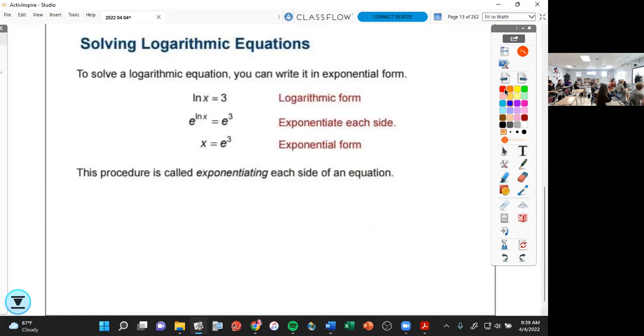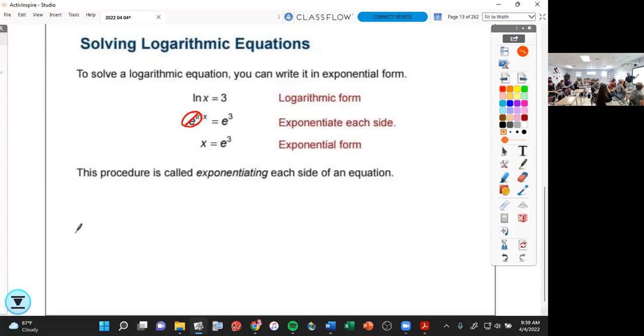And just like I said a while ago, but a different situation, this is E to the natural log. Basically, that cancels. This is not 1-to-1. Yeah, this is 1-to-1 going from here because natural log of x has to equal 3. Well, that's what you started with the problem, though. But that didn't help us.